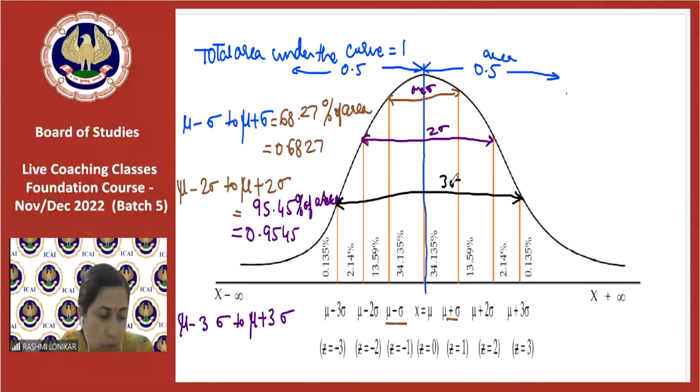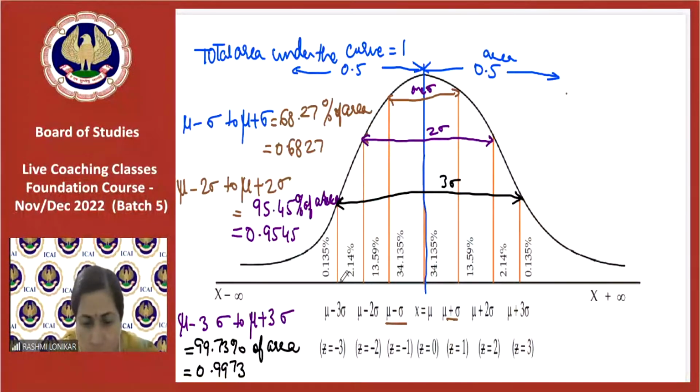49.865 into 2. So this is equal to 99.73% of area. And what is the area of 1? So this is equal to 0.9973. So what this means is, after I have moved 3 sigma away, what is the area left?